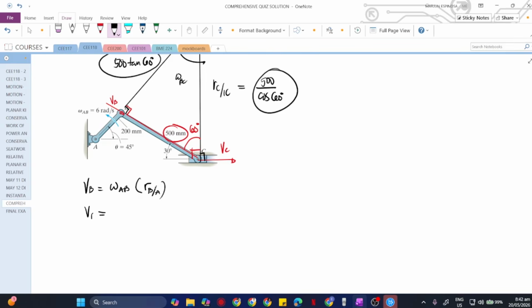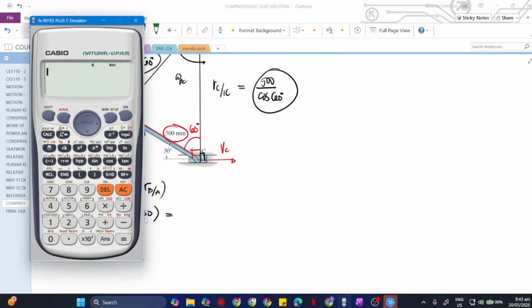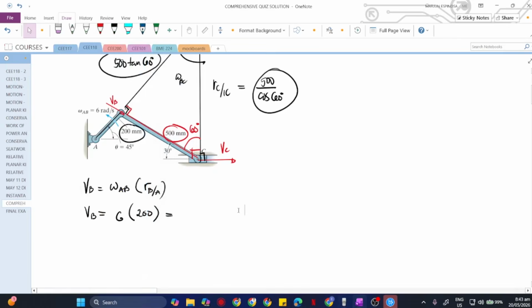Velocity of B is the angular velocity of AB, 6 radians per second, times this length, which is equivalent to 200 mm. So the value is in mm. 6 times 200 gives us 1,200 mm per second. So, that is our velocity at B.